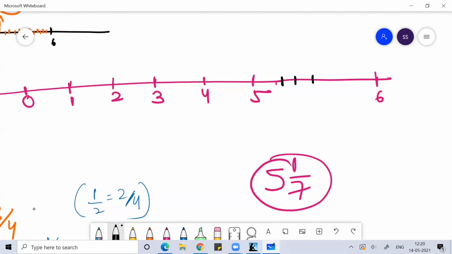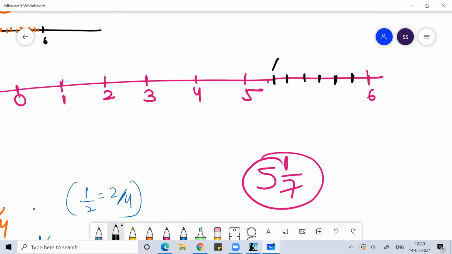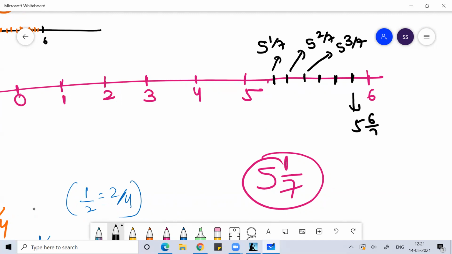This will be 5 1 by 7, this line will be 5 2 by 7, this line will be 5 3 by 7, and so on, and this will be 5 7 by 7, which means 6. So this point is 5 1 by 7. I understood.